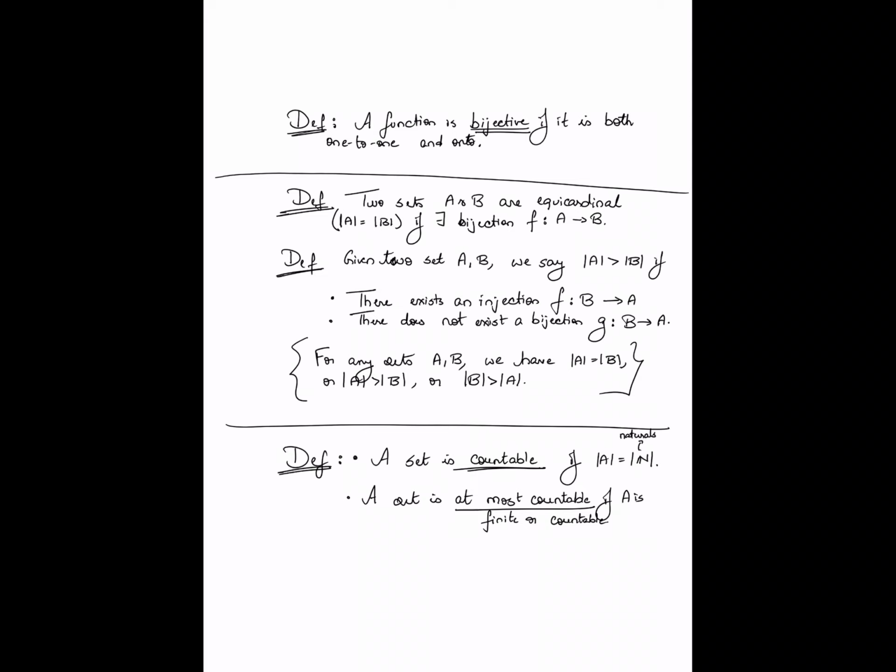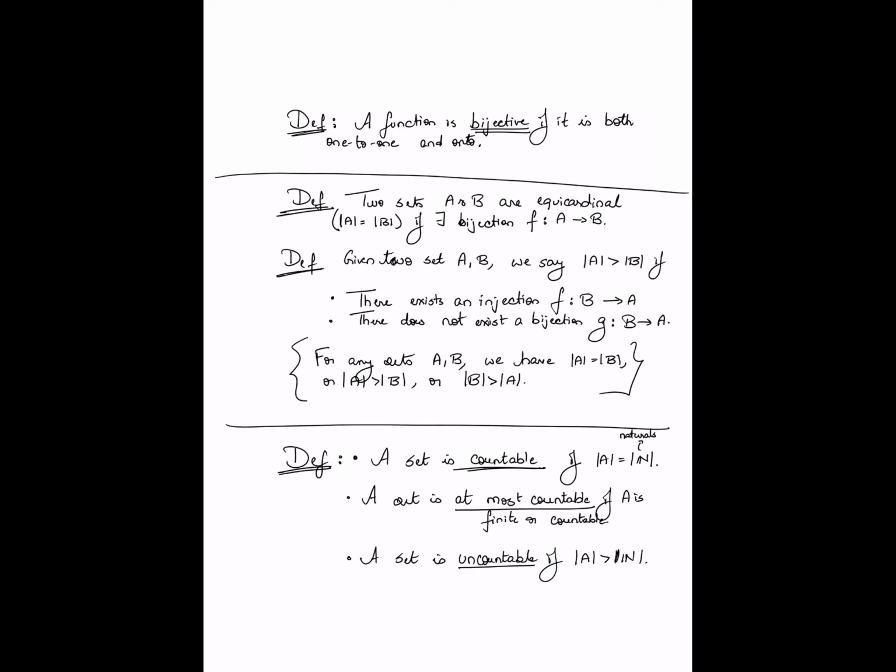All right, so a set is countable if it is equicardinal with the natural numbers. A set is at most countable if it's either finite or countable. Okay, and finally we say that a set is uncountable if its cardinality exceeds that of the naturals. All right, so these are the three definitions that we have.